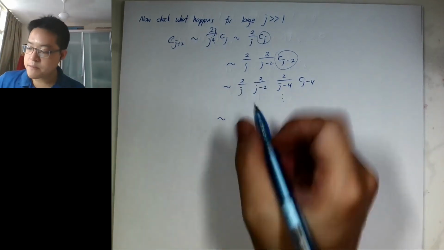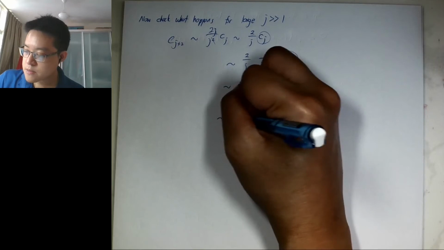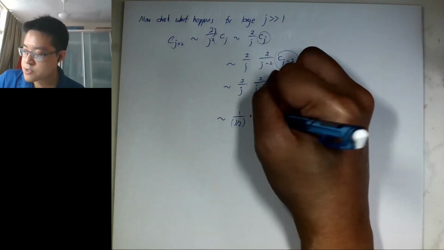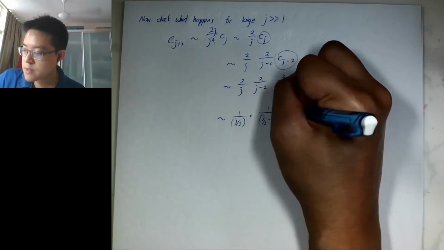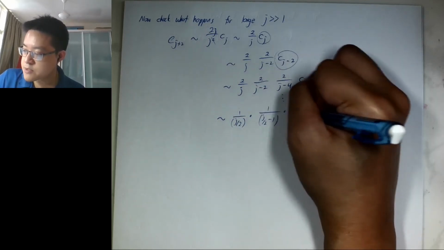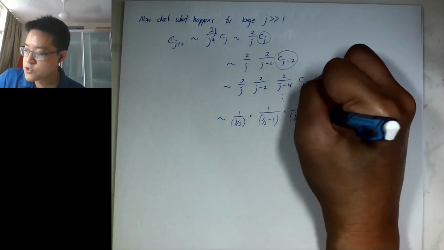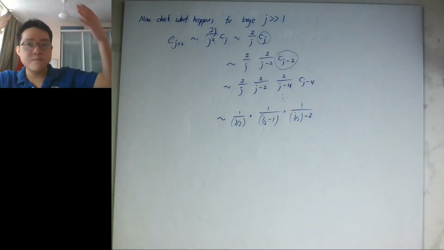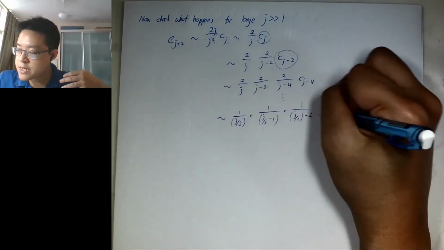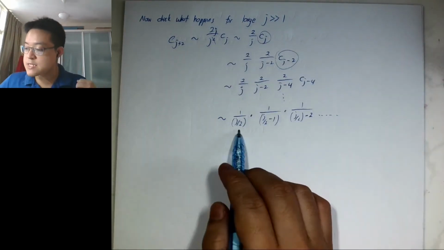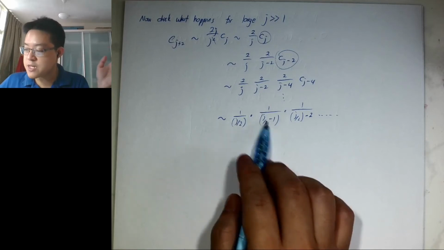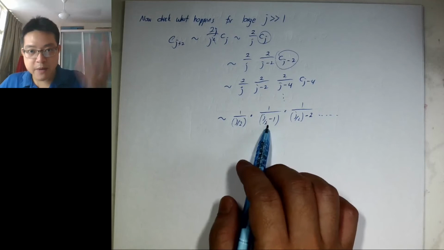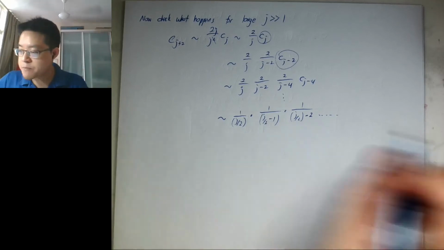But let me put the 2 downstairs here. So if I put the 2 downstairs here, this becomes j over 2 minus 1. If I put the 2 downstairs here, this becomes j over 2 minus 2. And then I keep on applying the formula, and I keep on bringing the 2 downstairs. So what does this formula look like? This is j over 2, j over 2 minus 1, less by 1, less by 2, and then I multiply everything together.